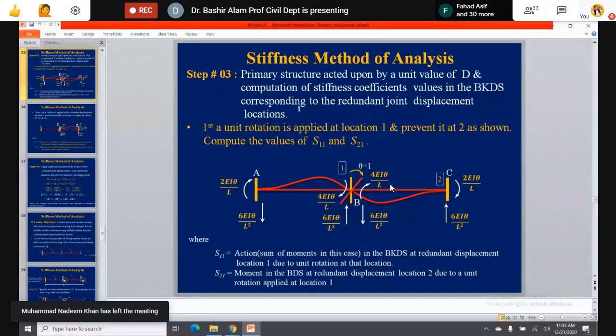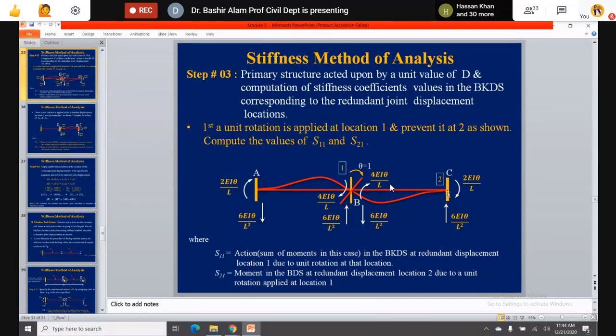Values in the basic kinematic determinate structure corresponding to the redundant joint displacement locations. It was a 2 degrees kinematically indeterminate problem. So first what we do, a unit rotation is applied at location 1. This was location 1, corresponding to coordinate 1, we apply a unit rotation and prevent it at 2 as shown.